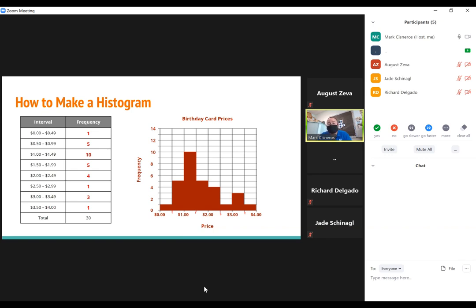Okay. So let me ask you a question just by looking at this histogram. How many birthday cards were between $1 and $2? How many? It is 15. Okay.